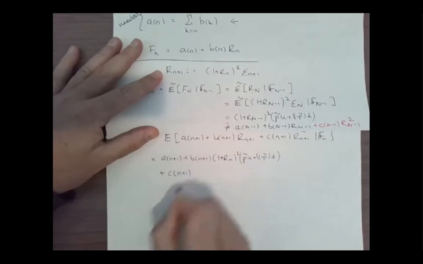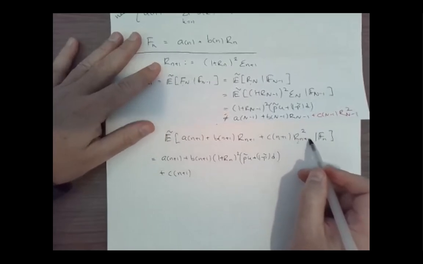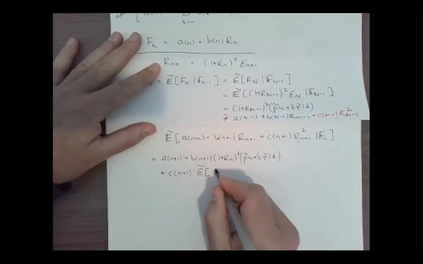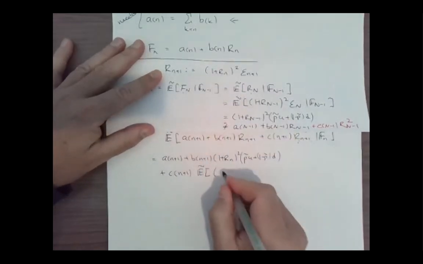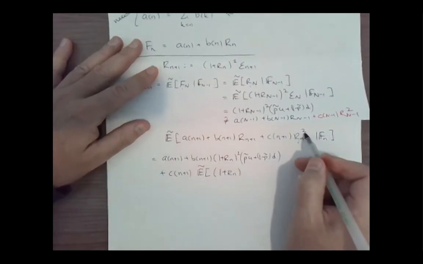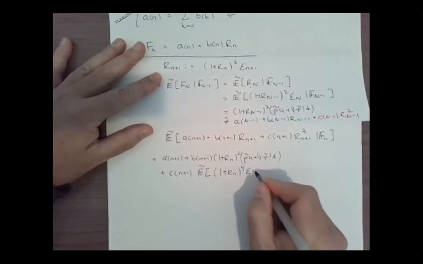C of n plus 1, and then the conditional expectation of the square. Okay, so we plug in what that is. So now we're going to get 1 plus Rn, but then you have to square it. So you see, this is where the trouble is.